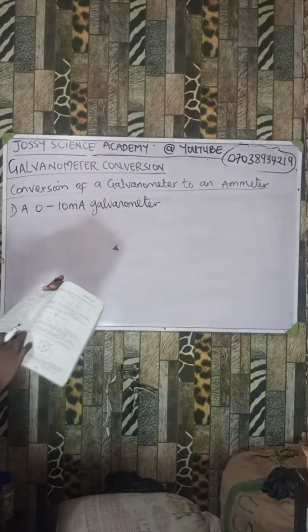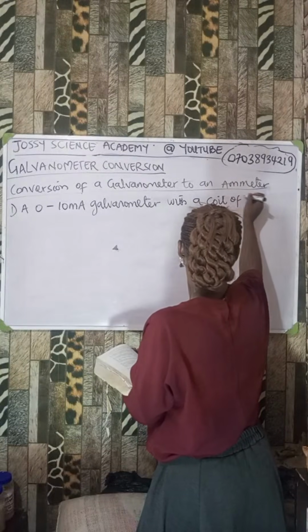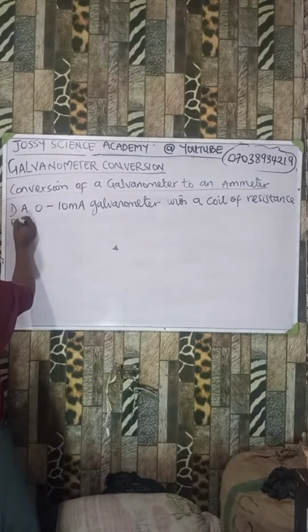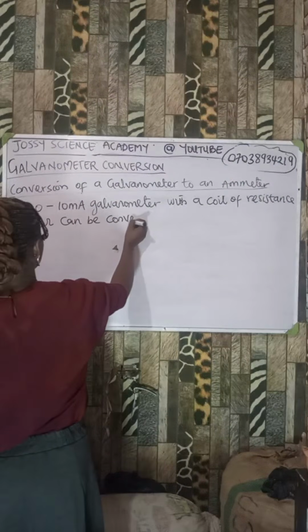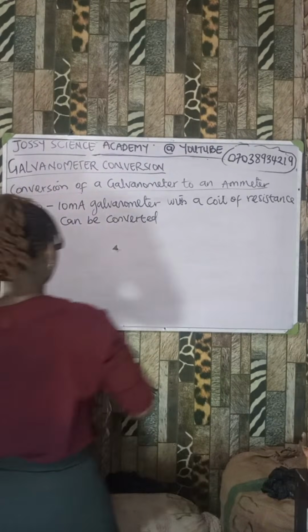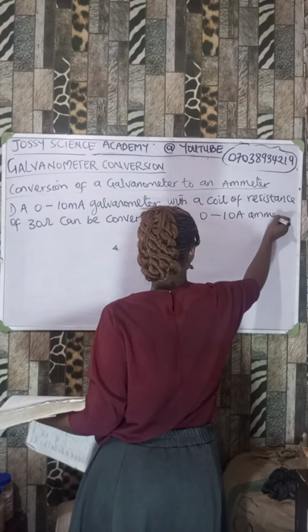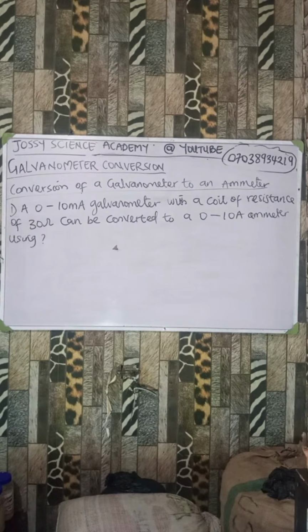Question says: a 0 to 10 milliampere galvanometer with a coil resistance of 30 ohms can be converted to a 0 to 10 amperes by using dash.